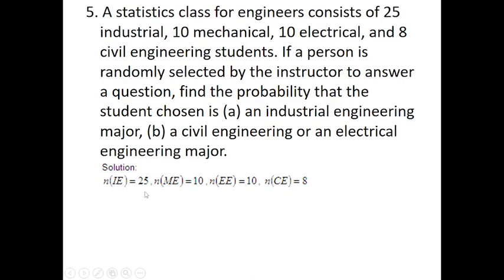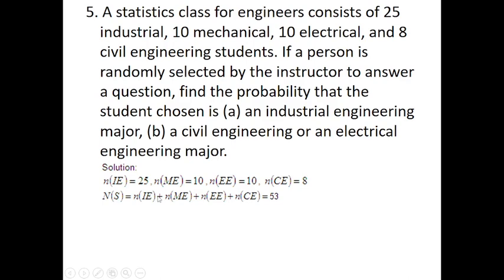Second, we have to determine the total number of students in the class. So, add lahat natin. Ganun lang siya. So, ito yung number of outcomes in the sample space.